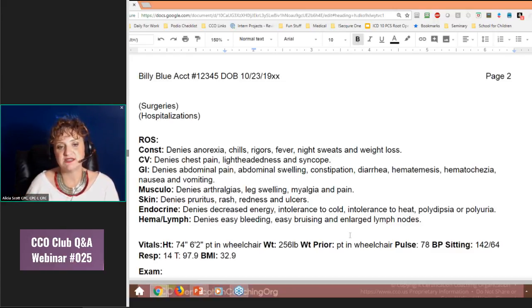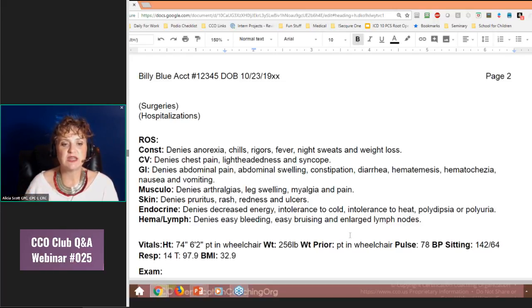Cardiovascular system denies any chest pains, lightheadedness, or syncope, which means they aren't fainting. GI, the gastrointestinal tract, denies abdominal pain, abdominal swelling, constipation, diarrhea, hematemesis, hematochezia, which is blood in your stools, and nausea and vomiting. Doesn't have anything. Okay, good.